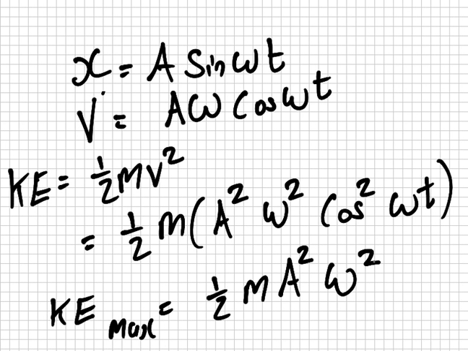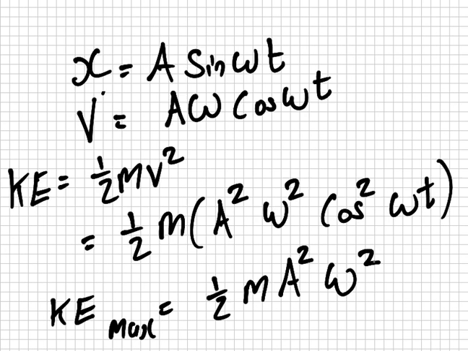That's the maximum it can be. And what's the minimum it can be? It could be 0. Yeah? So I think that's what they want, isn't it? Find an expression for the kinetic energy and then the maximum kinetic energy. Yeah? I mean, that's it then.